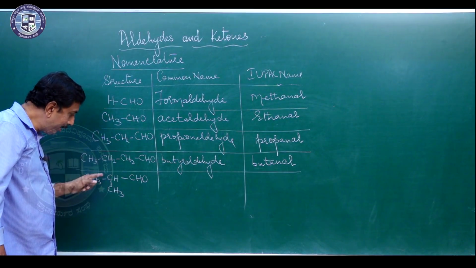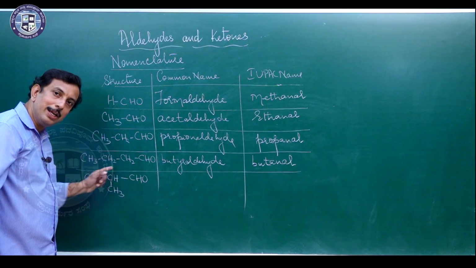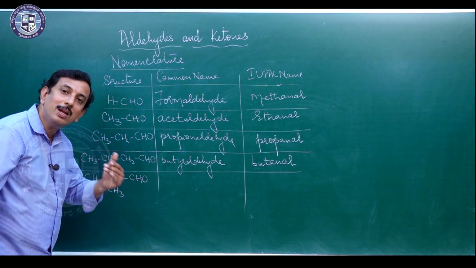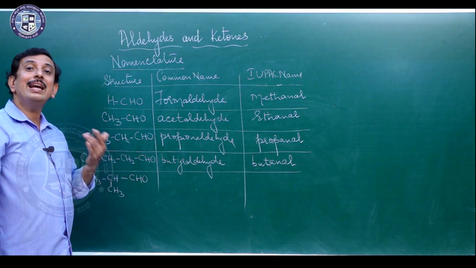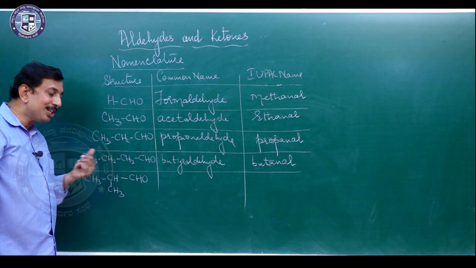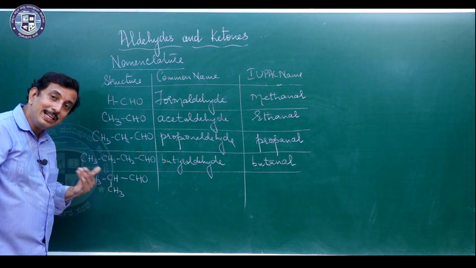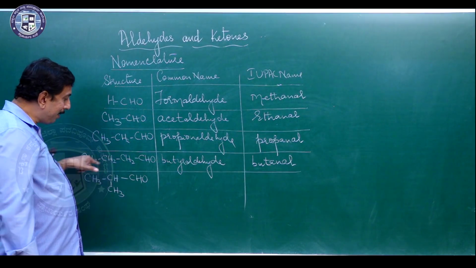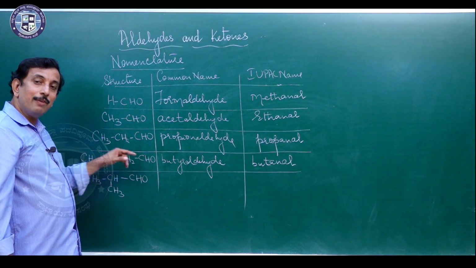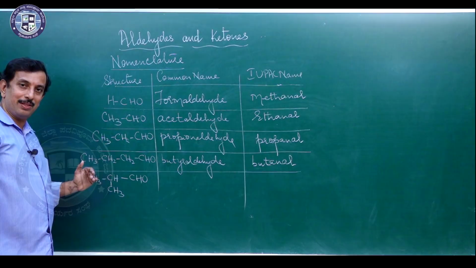Same way here, 1, 2, 3, 4, C4, 3, 6, 7, 8, H8O. Means the molecular formula is the same. How are they different? They are different with respect to structure, in the number of carbon atoms in the straight chain. Therefore, they are referred to as isomers.